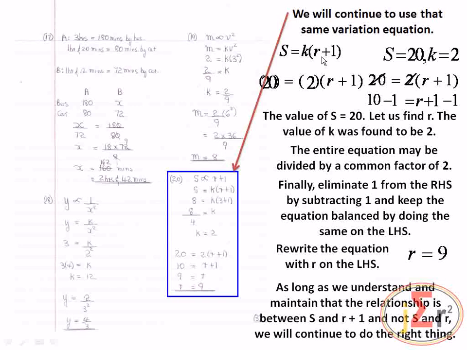After declaring that, we need to demonstrate in the way that we treat the situation that s is actually related to all of r plus 1. And if we do that, then we will continue to do the right thing. Hence, as a result, our answer will be correct.